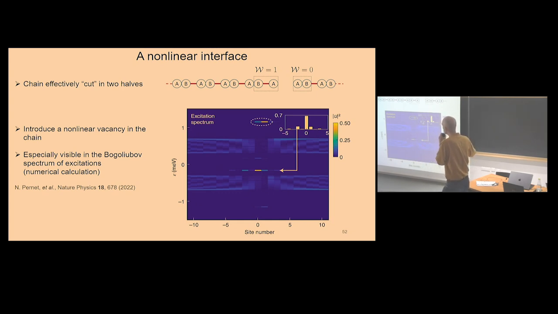We have introduced, if you want, a nonlinear vacancy in the system, and one good way to visualize it is to calculate, this is not experimental yet, but we would like to do it experimentally in the near future, the Bogoliubov excitation spectrum under the nonlinear steady state that we have created. If you look at the Bogoliubov spectrum of this chain, far from the nonlinear equilibrium, you recover the spectrum of the SSH lattice.